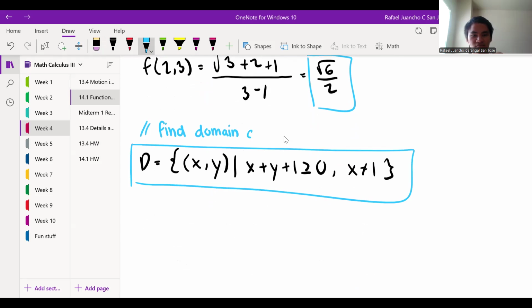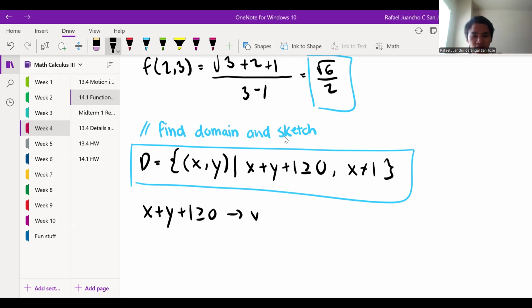As simple as that. Now, how do I sketch this? Well, let me try. So the way to sketch this is we can observe that the inequality x plus y plus 1 is greater than or equal to 0. And we can put my x and 1 to the other side, right? So here we're saying that x plus y plus 1 is greater than or equal to 0.